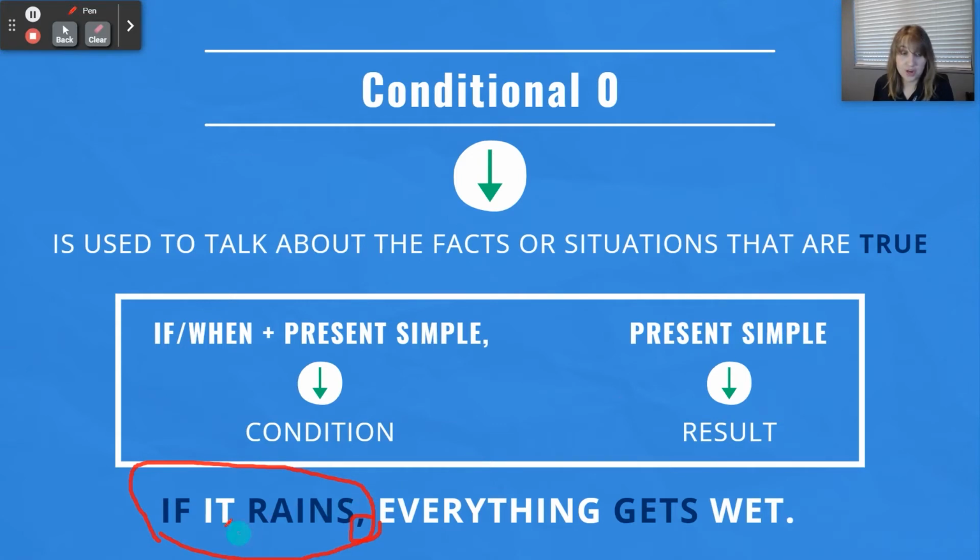This is true, of course. If it rains, definitely everything gets wet. Therefore, when you use a conditional zero sentence, remember that it describes a situation that is true. Let's move on, and we are going to look at a few more examples.